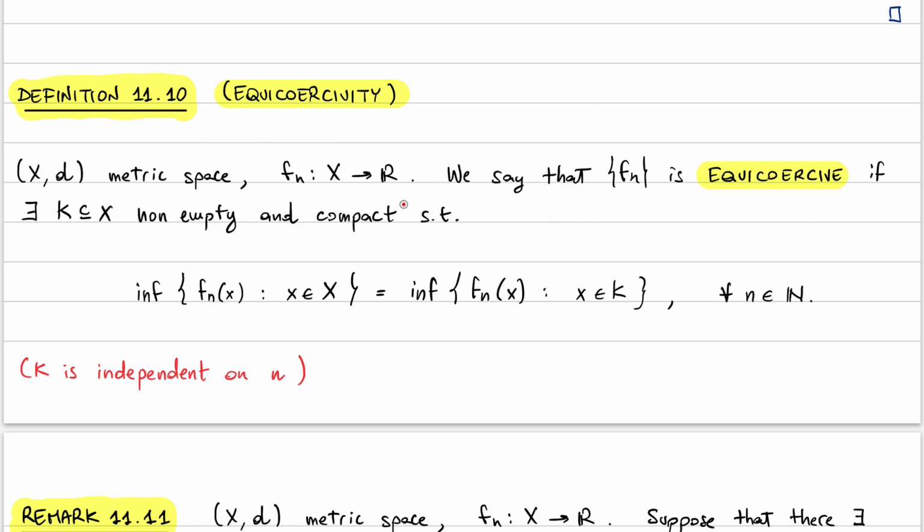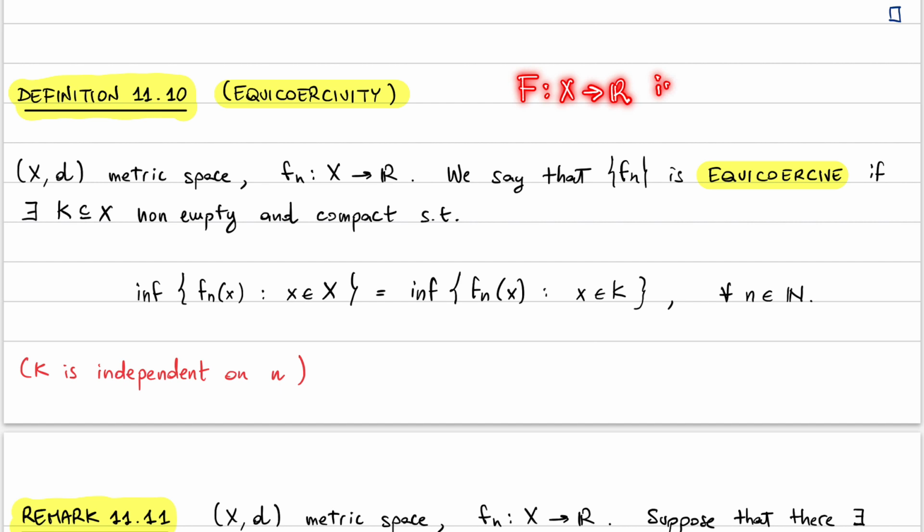Okay, so now before stating the main theorem of the day, we need a definition, the definition of equicoercivity. So remember that we defined a functional to be coercive. We did this a few lessons ago.